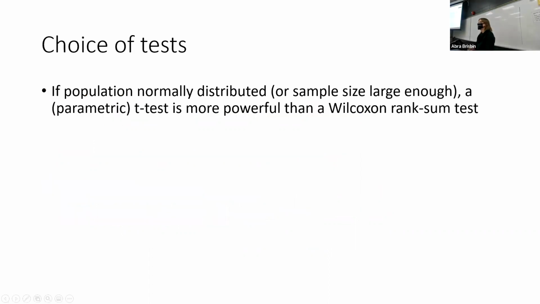So as far as choosing your type of test, if the population is normally distributed or the sample size is large enough, then doing a t-test, so a parametric test, is going to be more powerful than a Wilcoxon test.